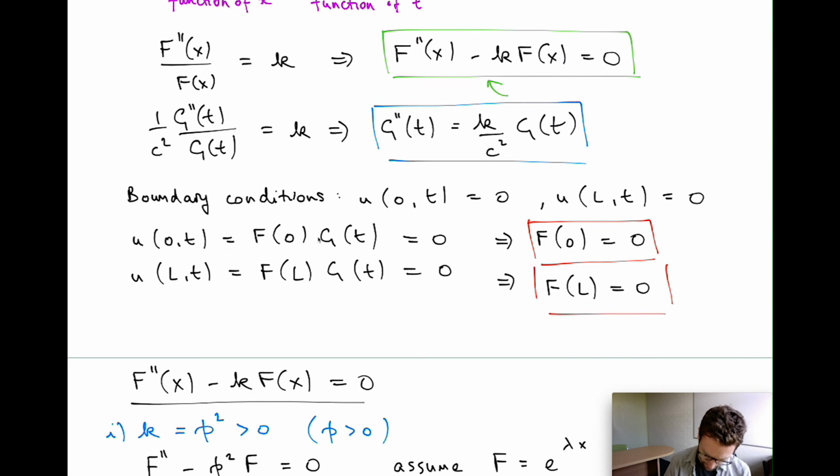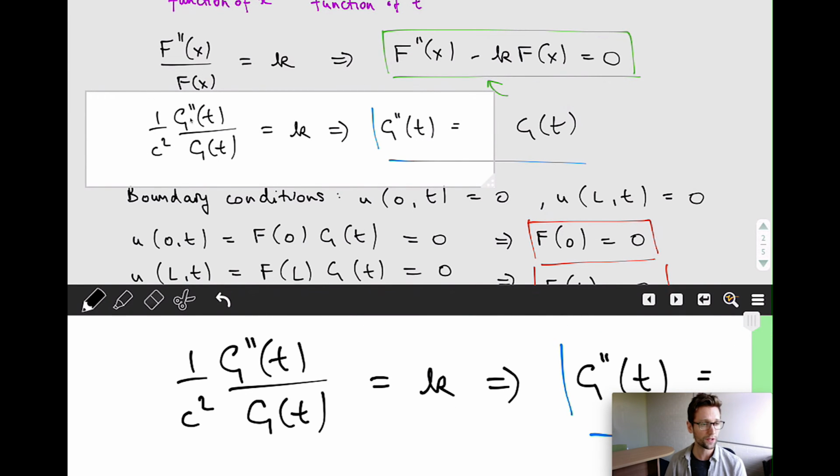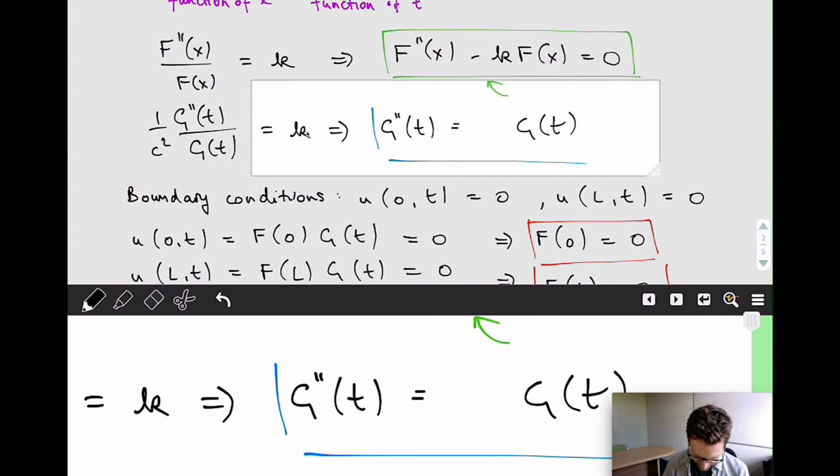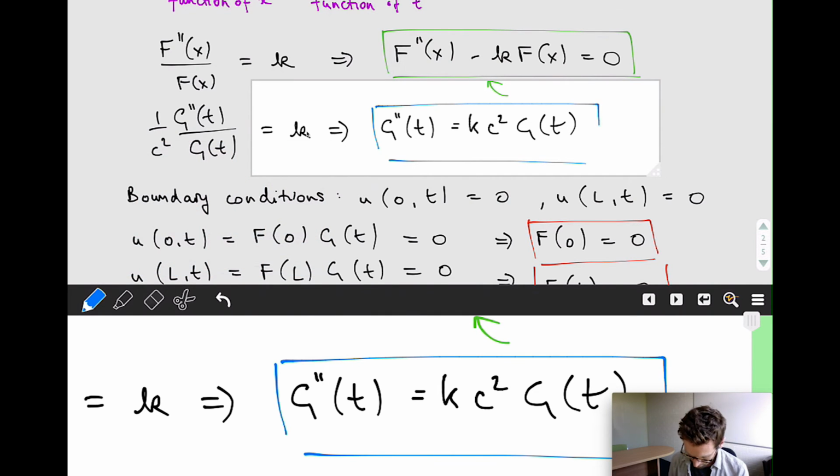Let's correct that. The equation we started off with was this equation, 1 over c squared g double prime over g is equal to k. If I multiply up by that c squared, I get g double prime is equal to kc squared. So here's the equation that we're going to solve.